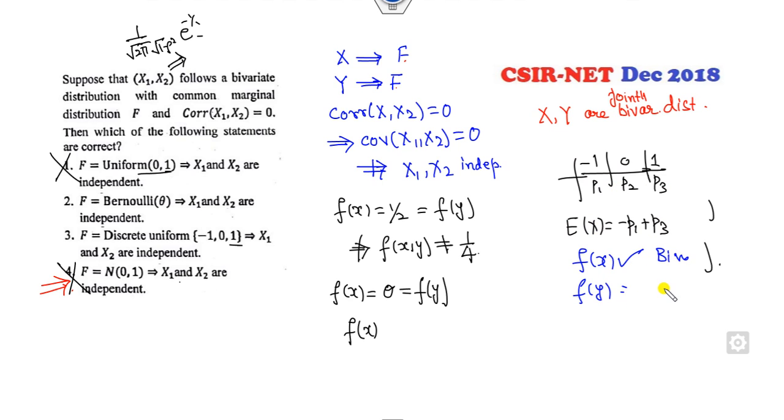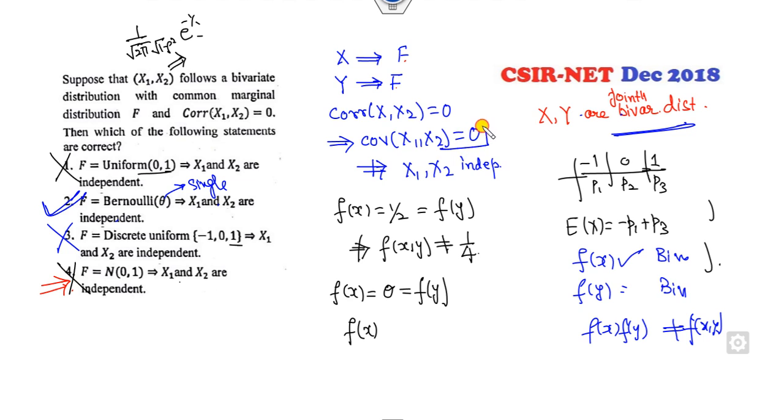F of Y say is a binomial, but F of X into F of Y is not always the binomial. Product of the two may not be there, so this option is also cancelled, because this is only the single parameter. So that's why they are jointly bivariate distribution. If they are jointly bivariate distribution, zero covariance implies independence. So the right answer is B.